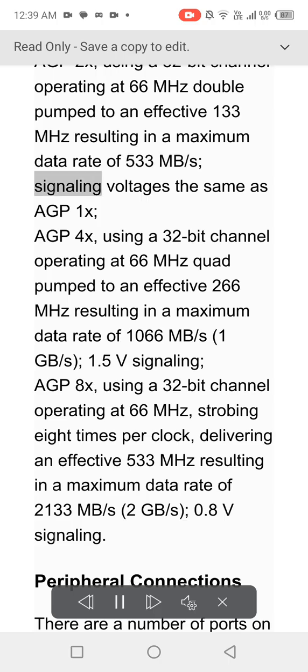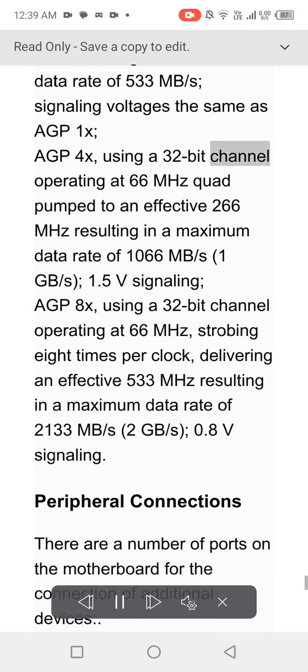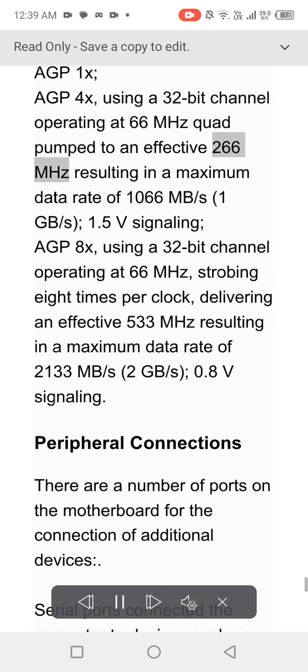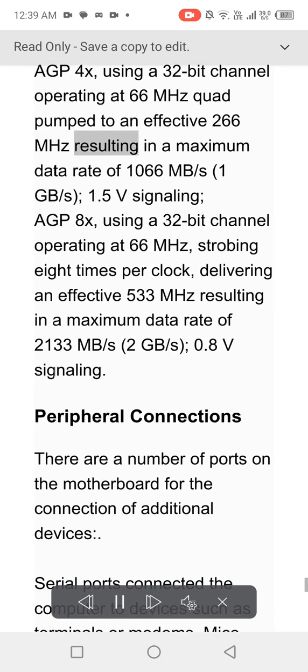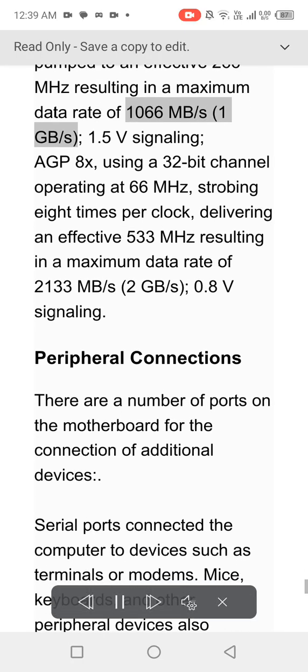Signaling voltage is the same as AGP 1X. AGP 4X, using a 32-bit channel operating at 66 MHz, quad pumped to an effective 266 MHz, resulting in a maximum data rate of 1,066 megabytes per second, 1 gigabyte per second, 1.5V signaling.